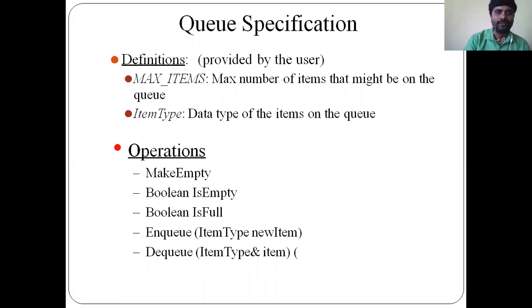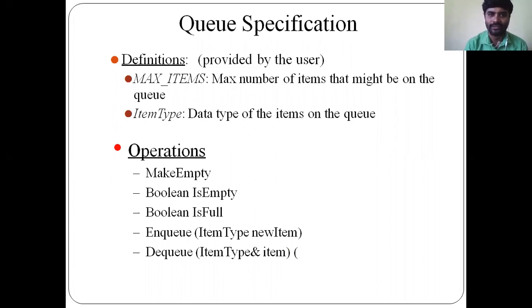So what are the queue specifications we have? Previously we saw the stack specifications and what functions we have there. At the same time, here we also have to see the queue specifications. The definitions are provided by the user: the maximum number of items that might be on the queue, and the data type of the item on the queue.